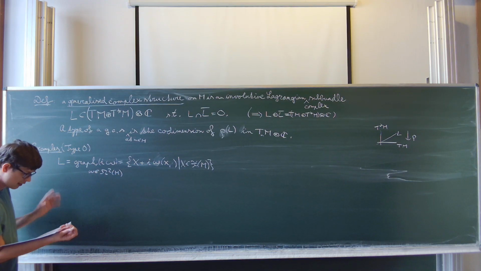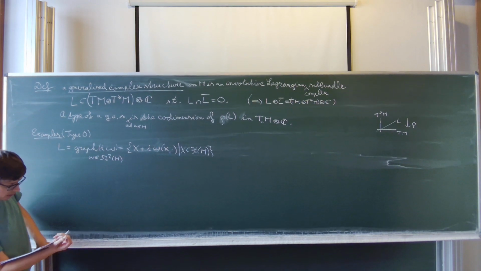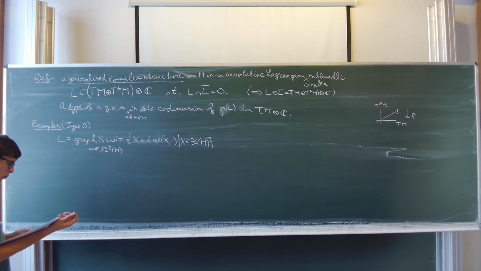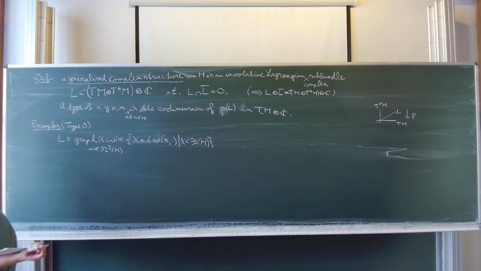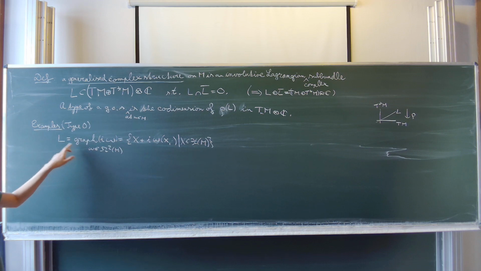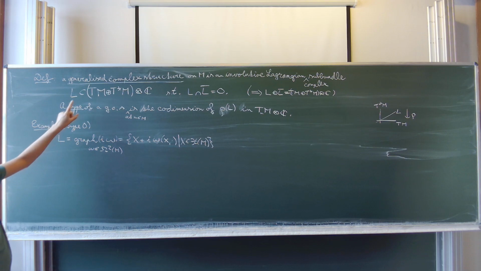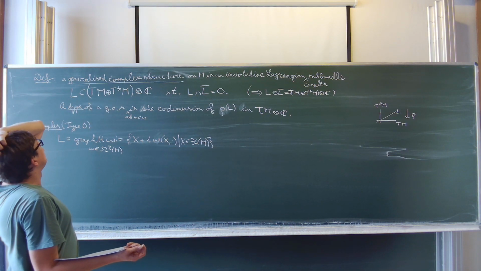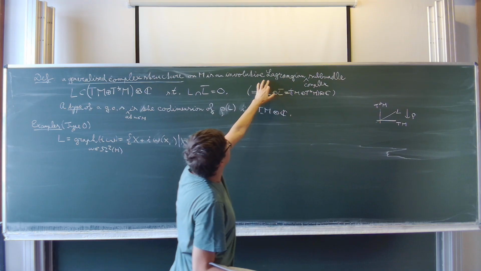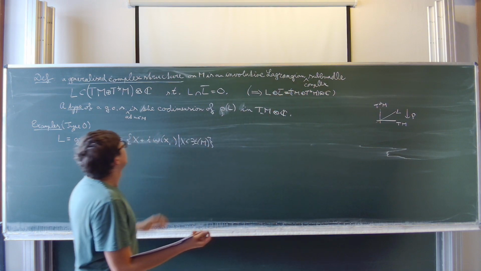This is intentionally sketchy, because I don't want to make a theorem to prove; I would need to talk about equivalences of these things, and we are not there yet. So let me just phrase this example: if you give me a smooth two form, I can create a complex Lagrangian subbundle.